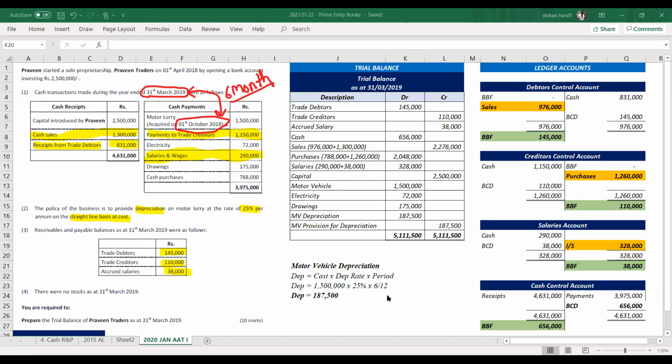Now we are calculating only for 6 months, so half of that. That is why we multiply that by 6 over 12, the period. So this is preparation of the trial balance.